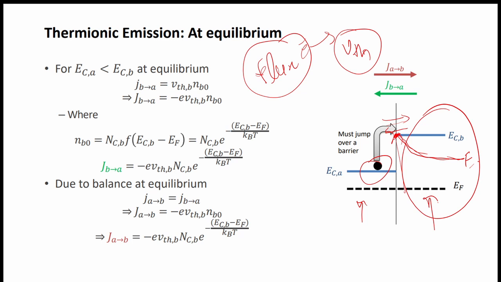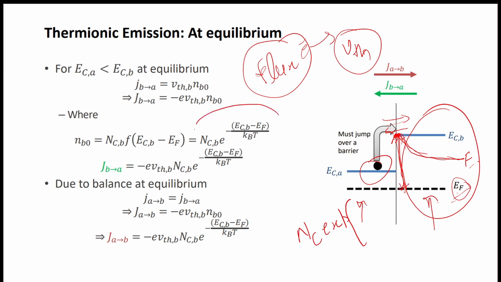We can calculate the number of electrons at this position from the difference between the conduction band and the Fermi level, which will be given by N_C times exponential of minus the difference between E_C and the Fermi level.